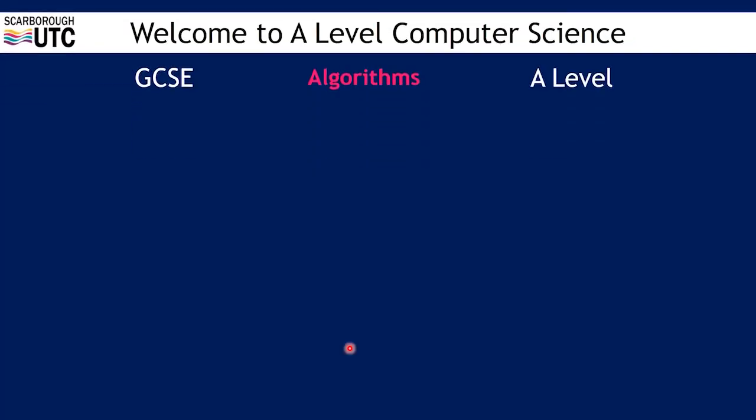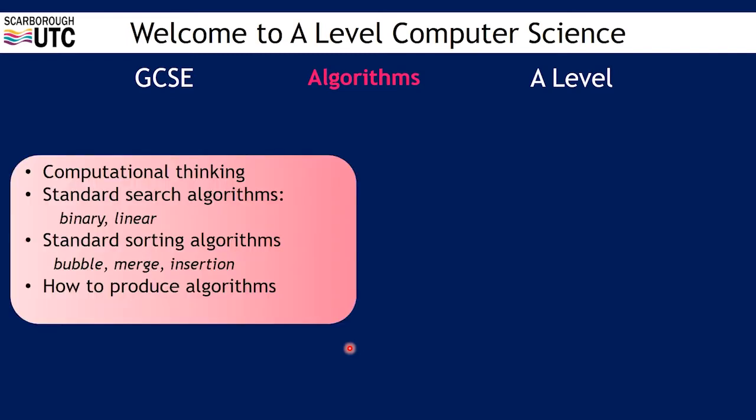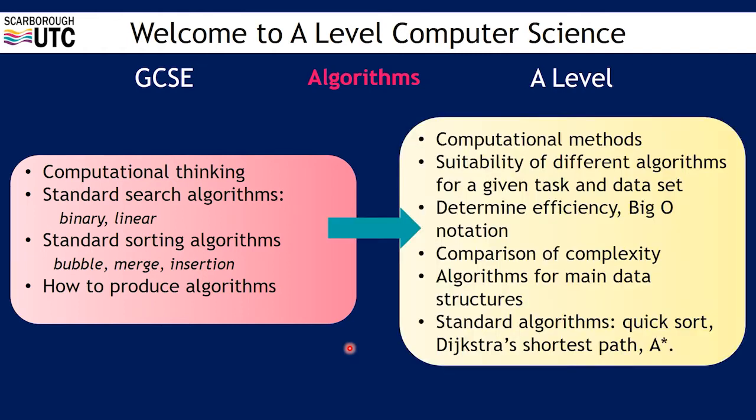Another one leading on from that, which correlates to algorithms. So at GCSE, you learned obviously computational thinking, which was all about abstraction, decomposition, and then you learned about search algorithms and sorting algorithms and how to produce them, all right? So you need to know these also, including all of this here.